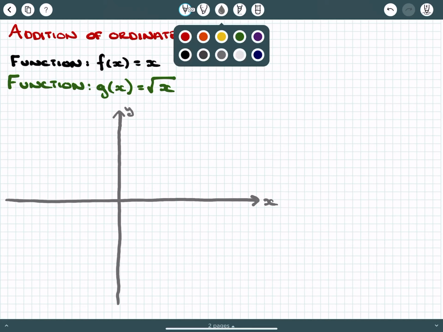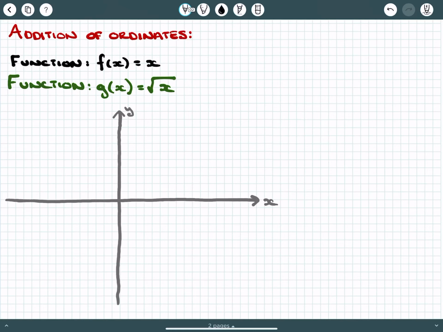Okay, and now we're going to sketch f(x). Now f(x) is a nice linear function, and it should be crossing all the way through. Okay, remember that it's just a sketch, it's not a portrait, so it doesn't have to be perfect, but we want it to be looking at least like the function.